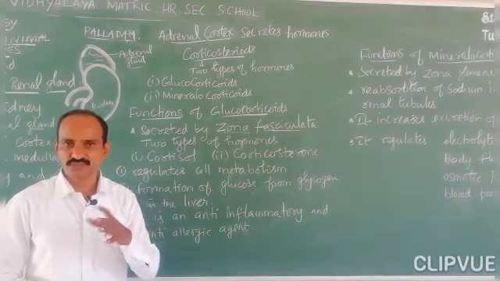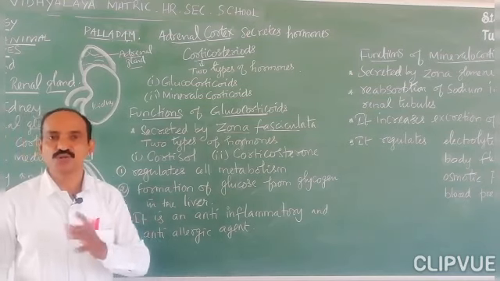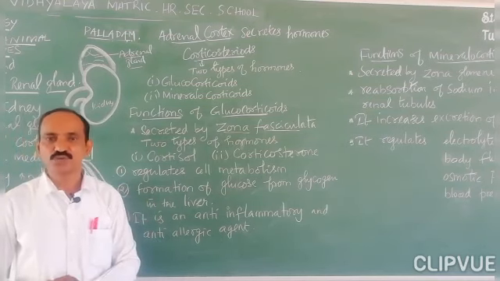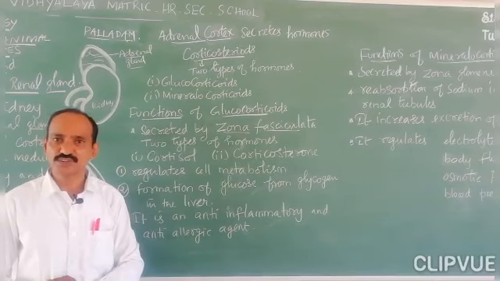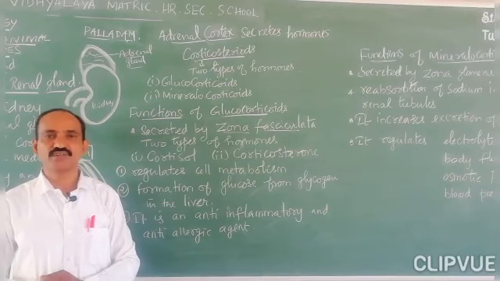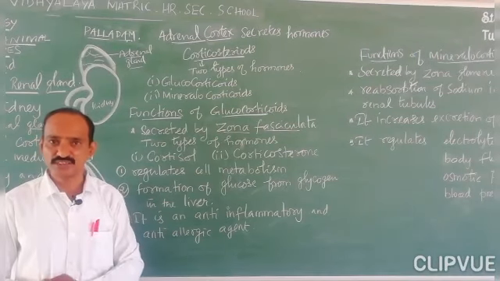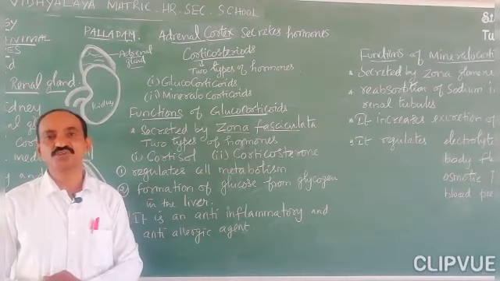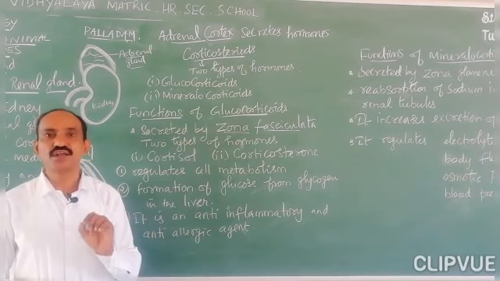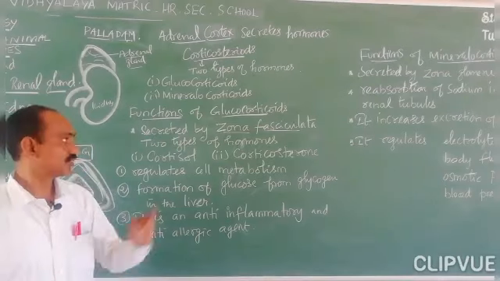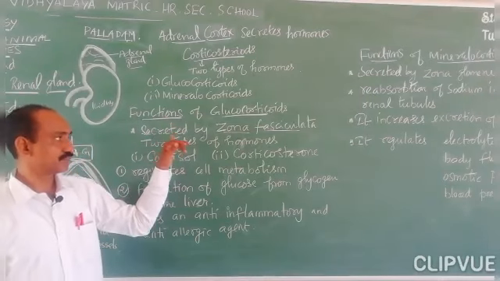Gluco means formation of glucose, from glycogen. Glycogen is already stored in the liver. That stored glycogen is converted into glucose by glucocorticoid hormones. That is the main function.